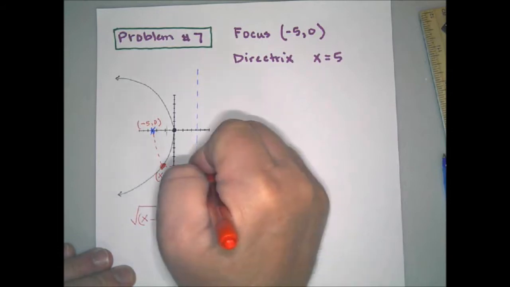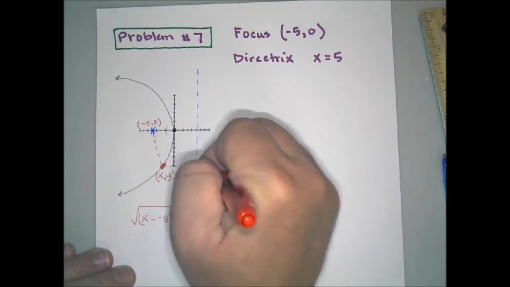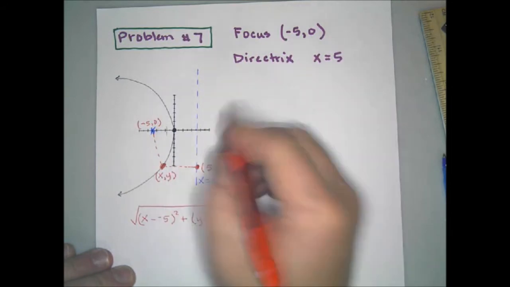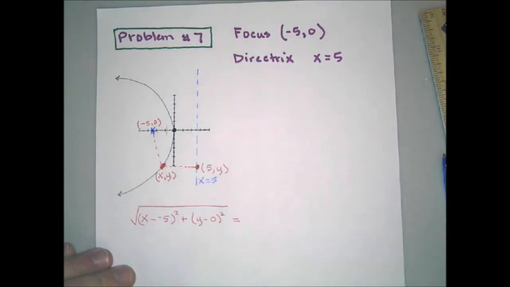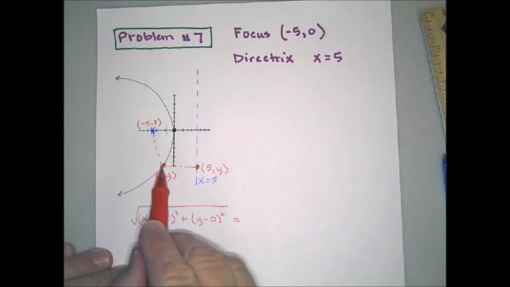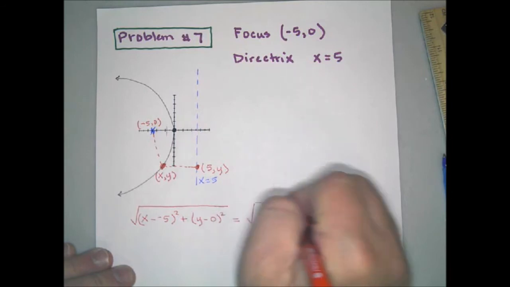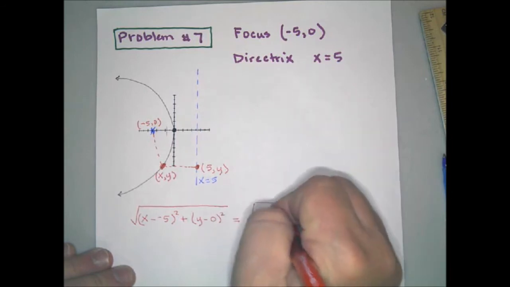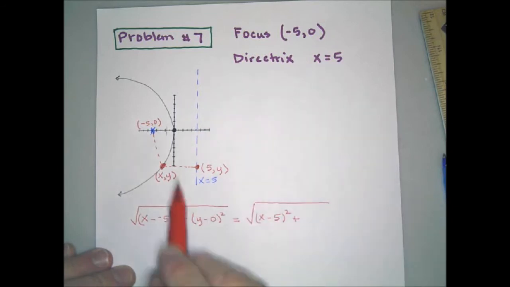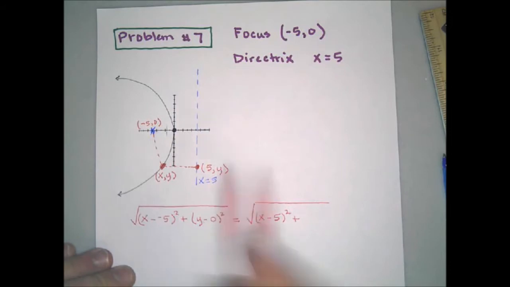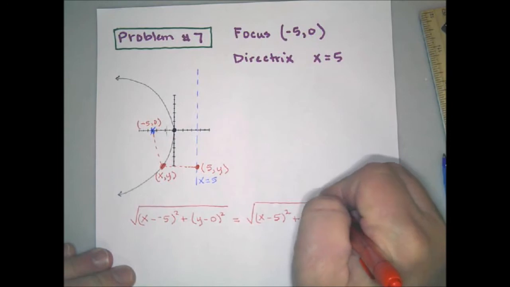And we do know that it would be 5, because we know the x value is 5. We just don't know the y-coordinate. So the distance formula from here to here would be x minus 5 squared plus this y minus the same y, so y minus y squared.